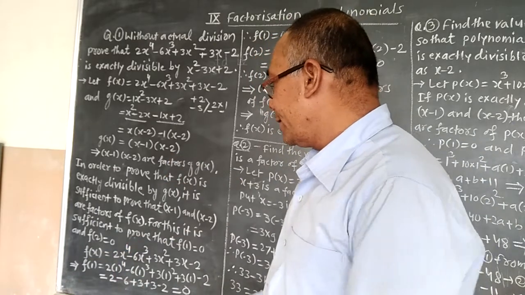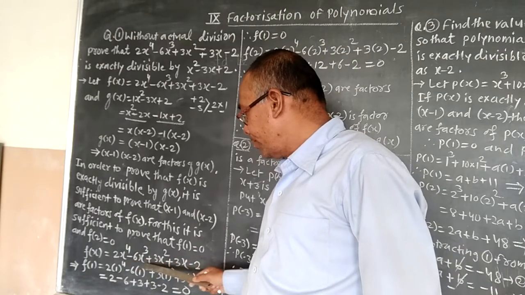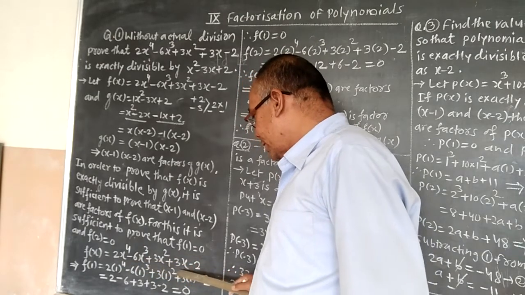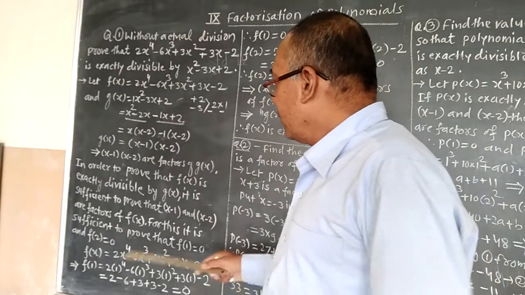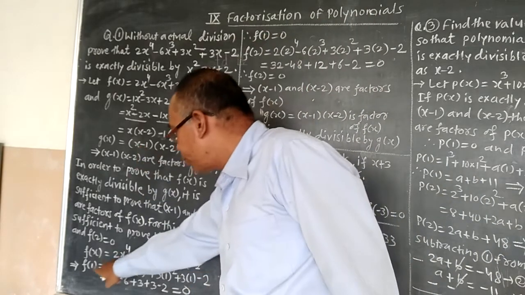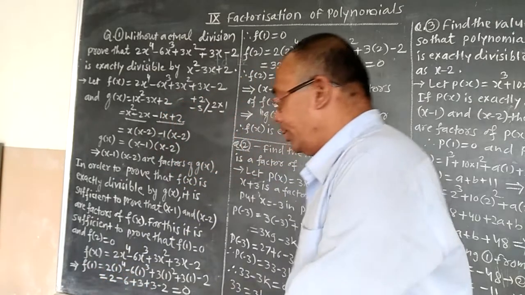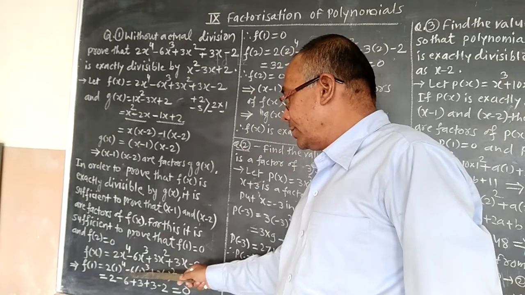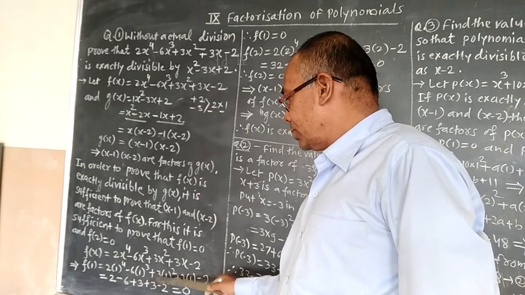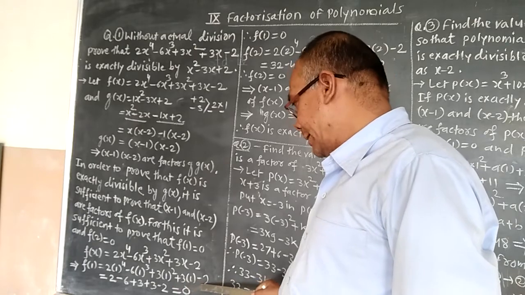Here f(x) = 2x⁴ - 6x³ + 3x² + 3x - 2, and therefore f(1), since x - 1 is there, we take +1. So f(1) is equal to 2 into 1⁴ minus 6 into 1³ plus 3 into 1² plus 3 into 1 minus 2.